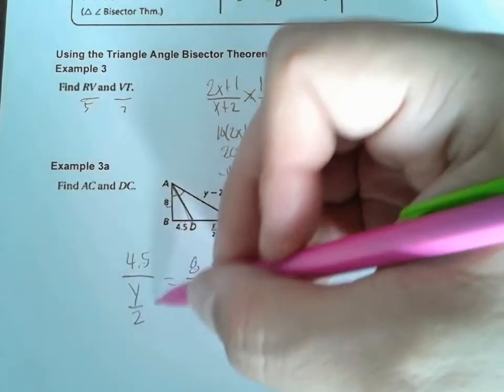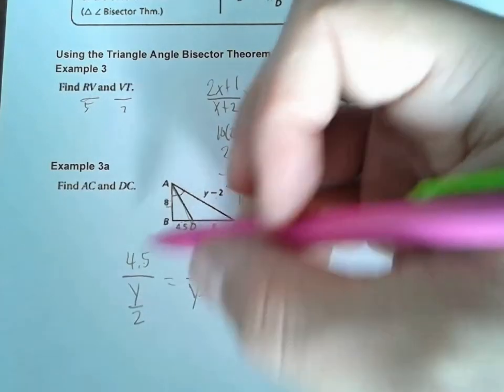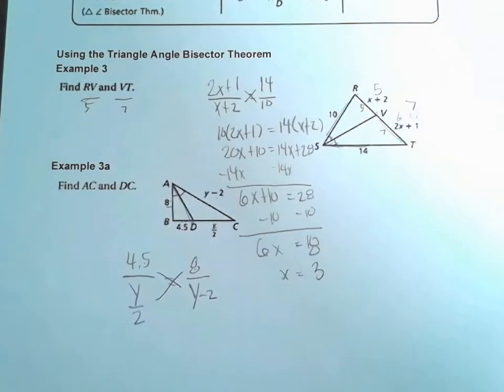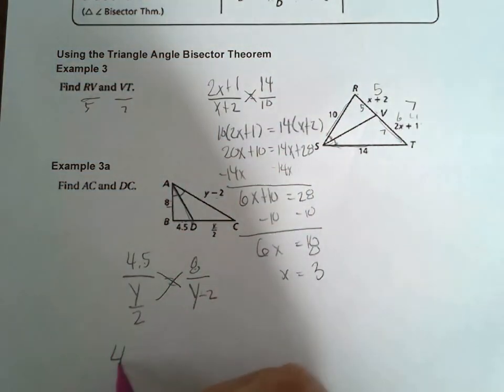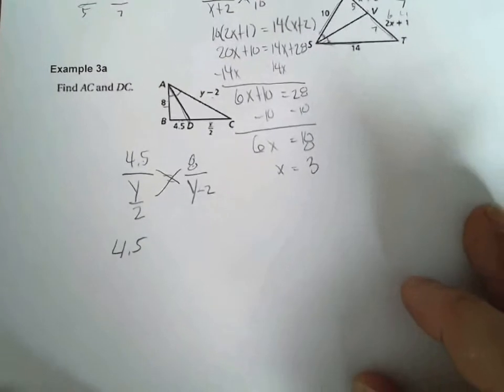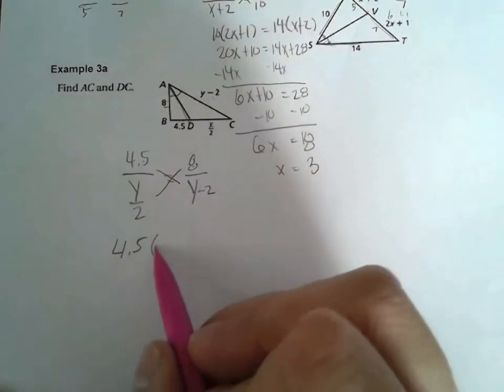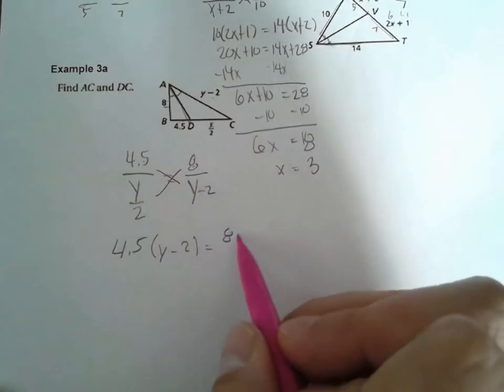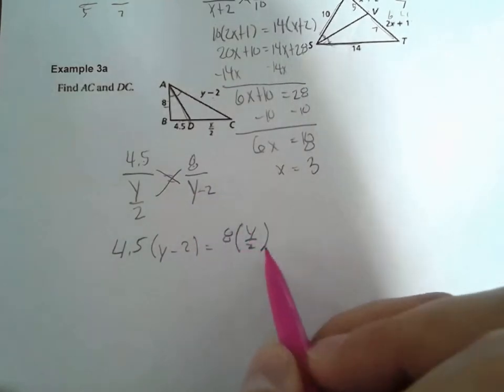So you don't really have to reduce this. You can if you want to, which would mean that you're going to multiply this up here by 2. But just cross multiply, and you'll wind up with this. 4.5 times y minus 2 equals 8 times y over 2.